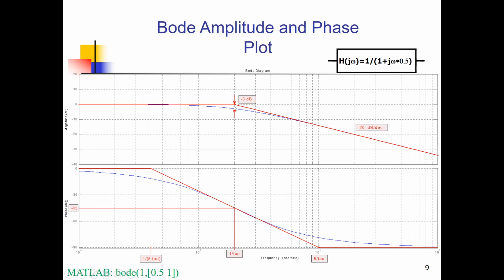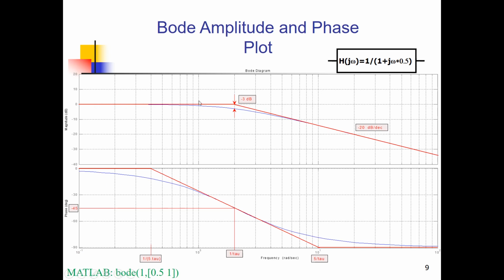Well, for very low frequencies, this part will be very low, so the amplitude, which we have seen, goes to 1 over 1, and my amplitude in dB is 20 times the log of 1, which is 20 times 0, which is 0 dB. So we start over with 0 dB.